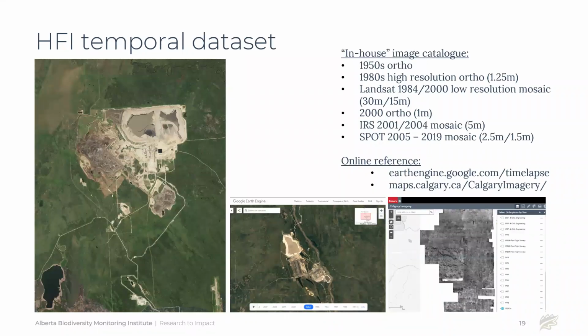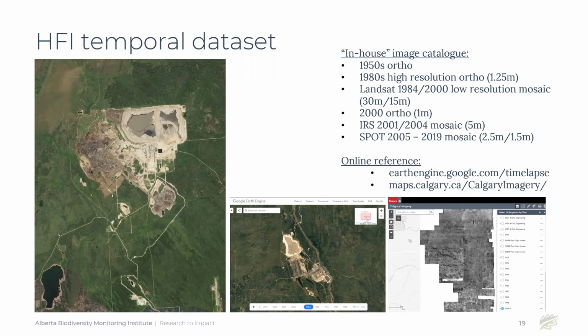And I mentioned that we have an in-house image catalog. It is in quotation marks, which essentially means that we have access to information mostly through data sharing agreements. Some of these catalog items we are helping to create as well. It starts with 1950s ortho. Then we have high resolution ortho photo for the 1980s. That is not available right now for the entire province, but we are getting that.